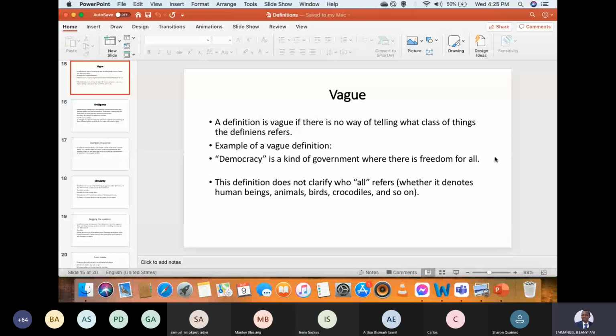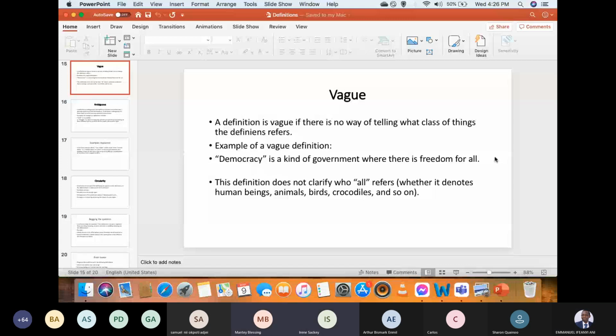So it is vague because it does not situate democracy in a particular class of items in the world. That's why it is vague.